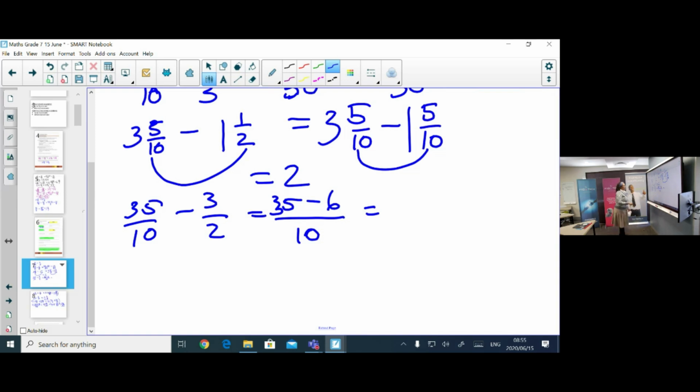Where did I go wrong here? Because it's something that is not similar. You have 35 over 10. That one is correct. And this one is still correct. And then this goes 5 times. I'm wrong here. Okay, may I erase? This goes 5 times. And then 5 times 3 is 15. And then 35 minus 15 is 20 over 10.